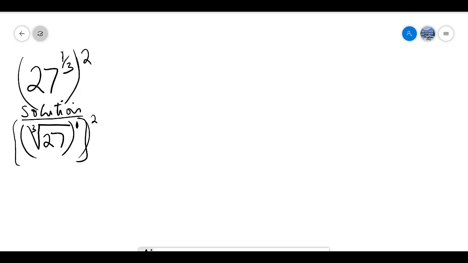So we know that the cube root of 27 is 3, raised to the power of 1, raised to the power of 2. So of course that will give us 3 raised to the power of 2, because 1 will multiply 2. And then of course your answer would be 9.